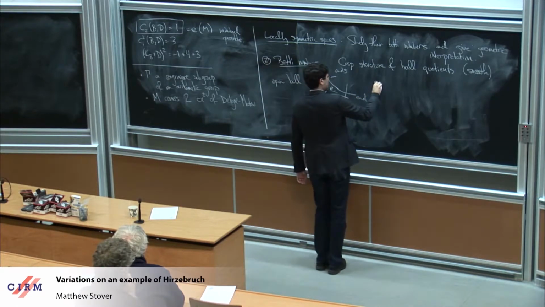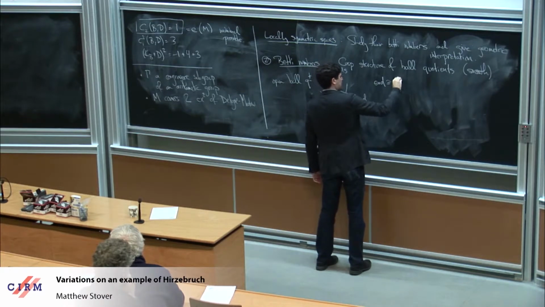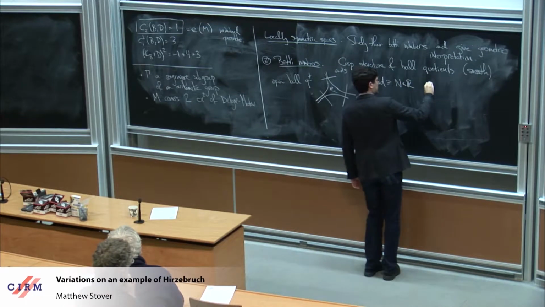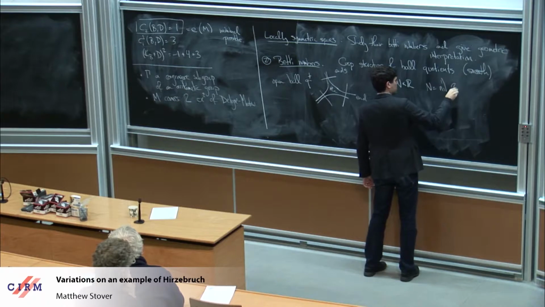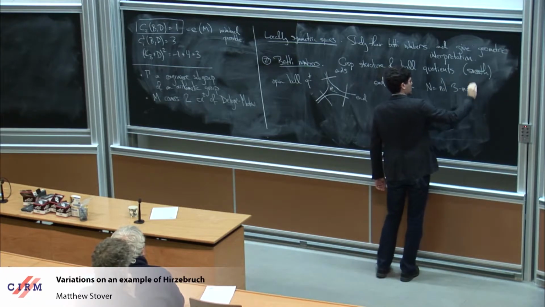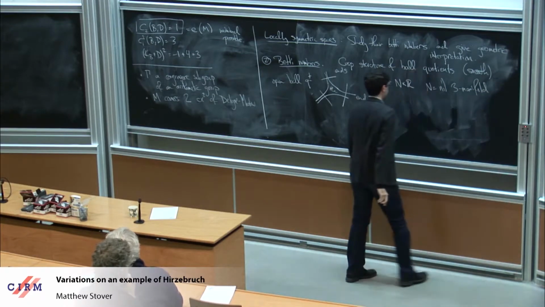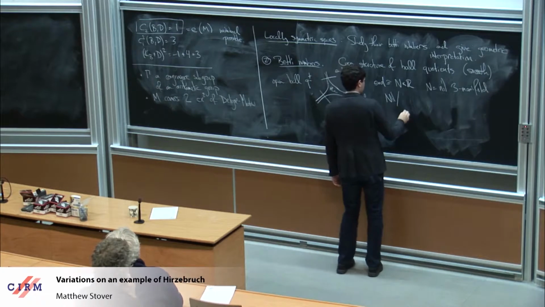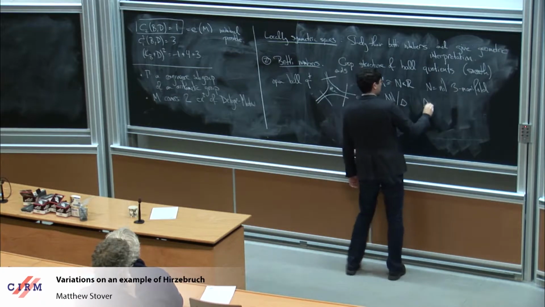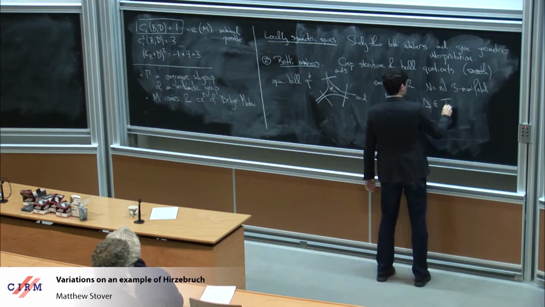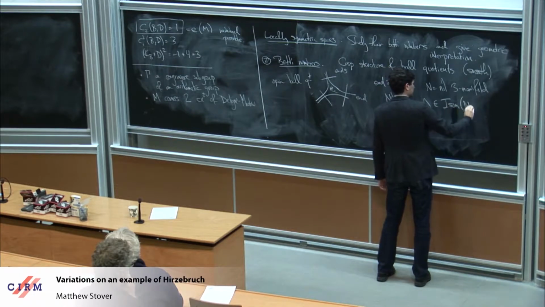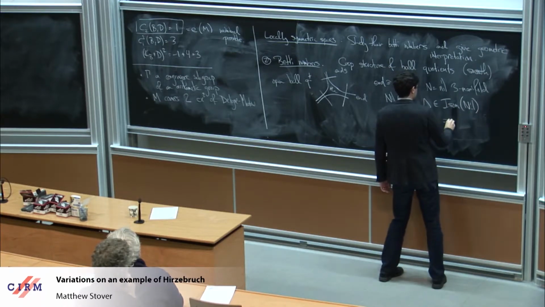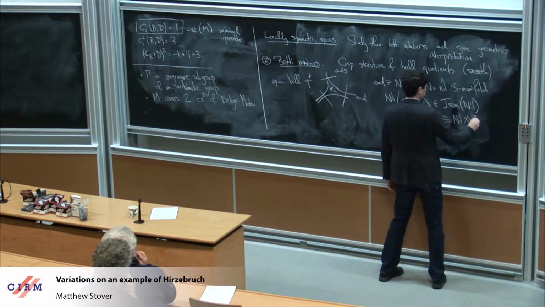And each end looks like N cross R, where N is a nil 3 manifold. So it's the quotient of nil 3 space modulo, we'll call it delta, for delta inside the isometry group of nil, which is isomorphic to nil semi-direct product S1.